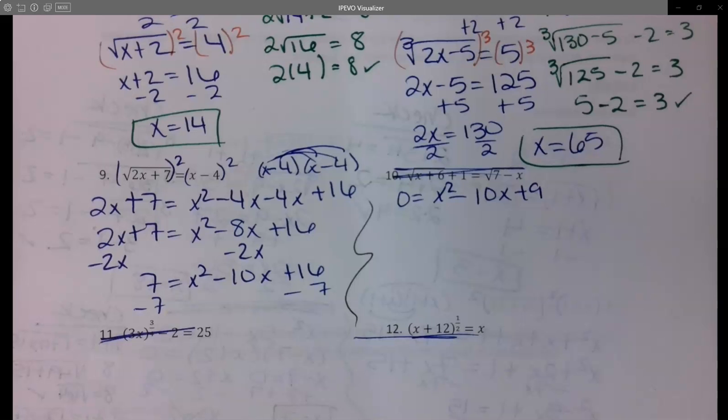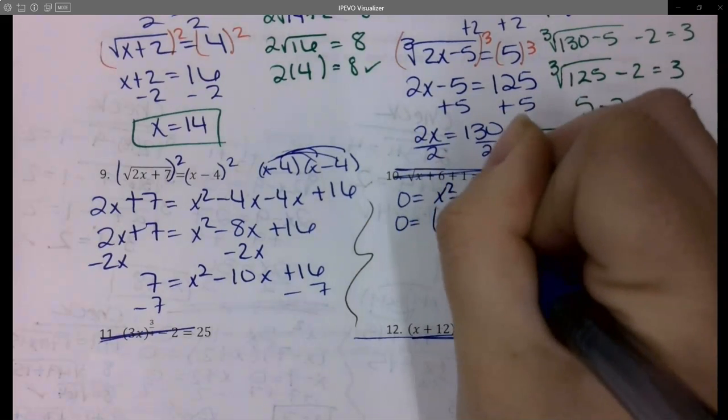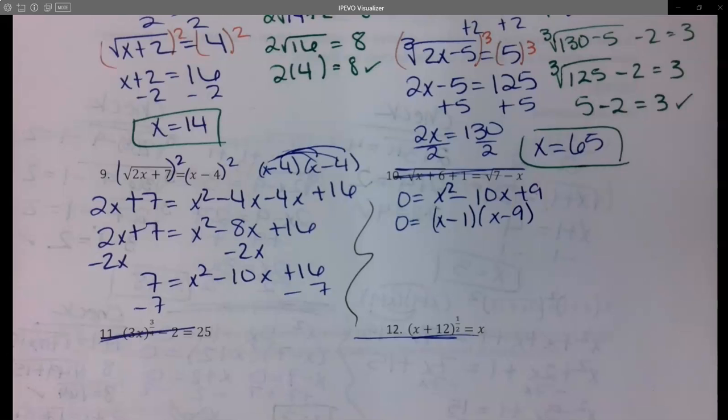So then I can factor. This is going to give me negative 1 and negative 9. They both multiply to a positive 9 and add up to negative 10.